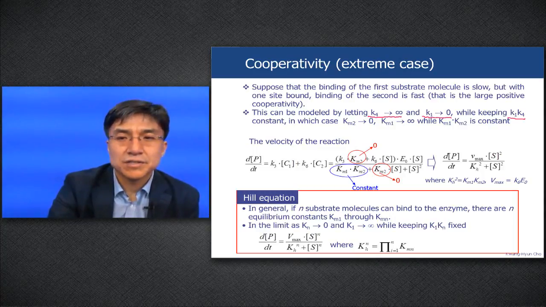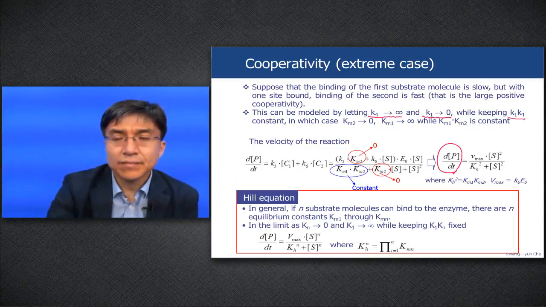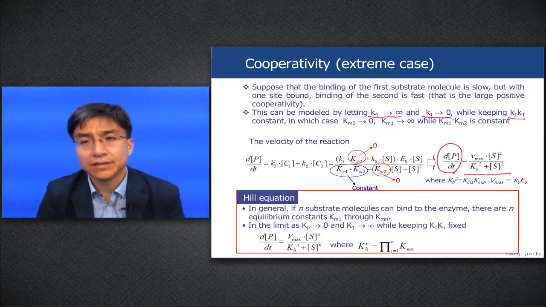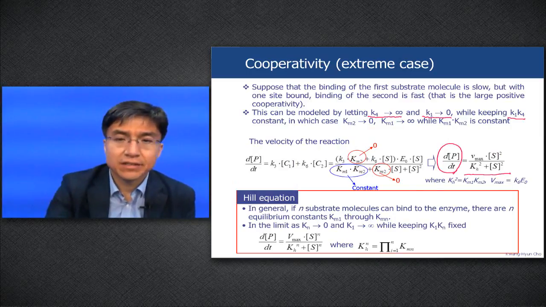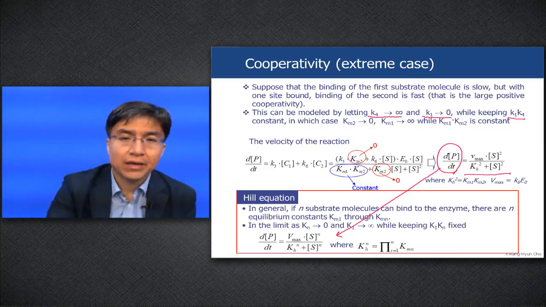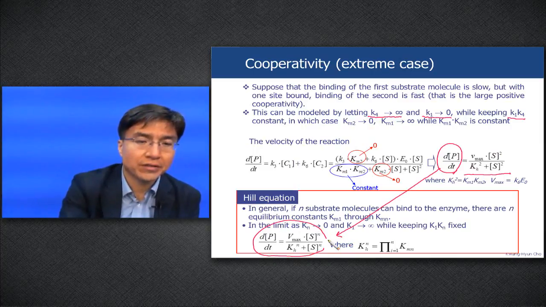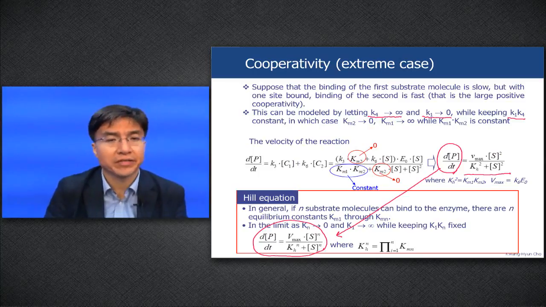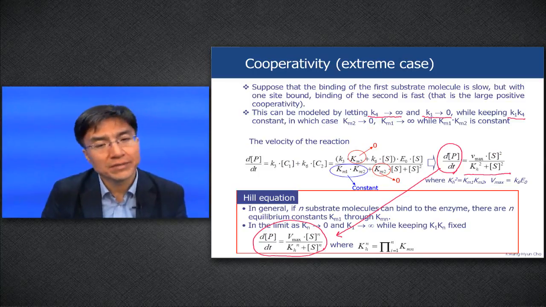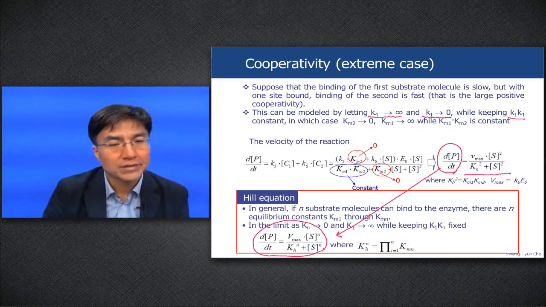Using this assumption, we can have the rate of change of product become like this. If we generalize this to n multiple steps, then we have this equation, which is called the Hill equation. Hill is the name of the scientist who first developed this mathematical model.